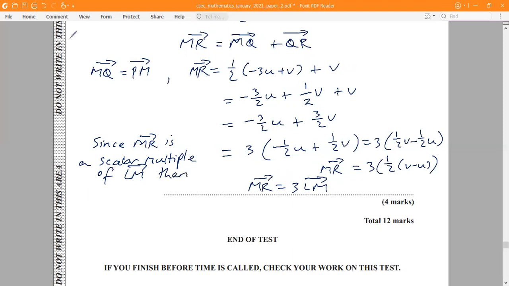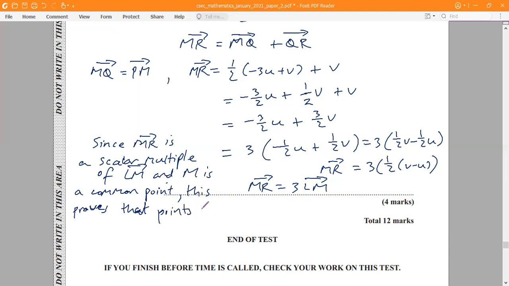and M is a common point, this proves that the points L, M and R are collinear.